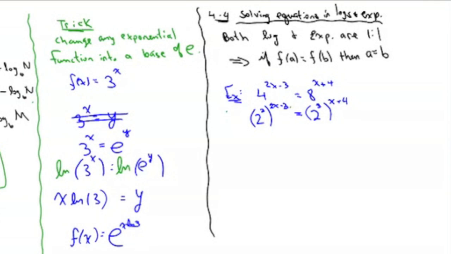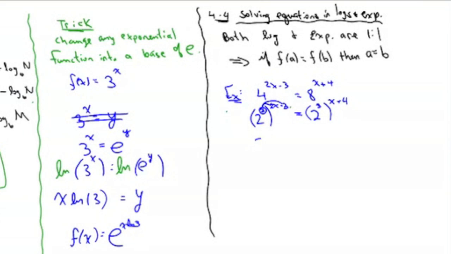Alright. What happens when you have a base raised to a power, raised to another power? In other words, power to a power. What do you do? Multiply. So this 2 is going to distribute over that power.